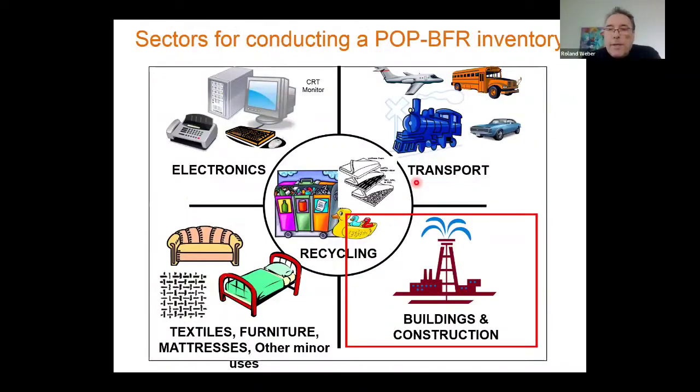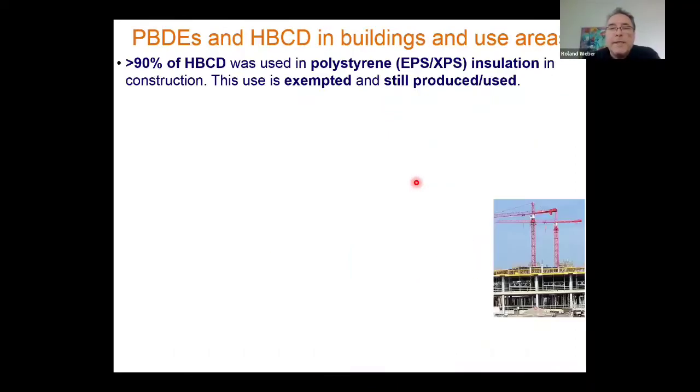Coming to the last major sector, this is buildings, and here the plastic and polymers in buildings, especially the insulation foam. The major use of brominated flame retardant in insulation foam is hexabromocyclododecane, more than 90% of its use, and this was used only in polystyrene, the EPS and XPS, in buildings.